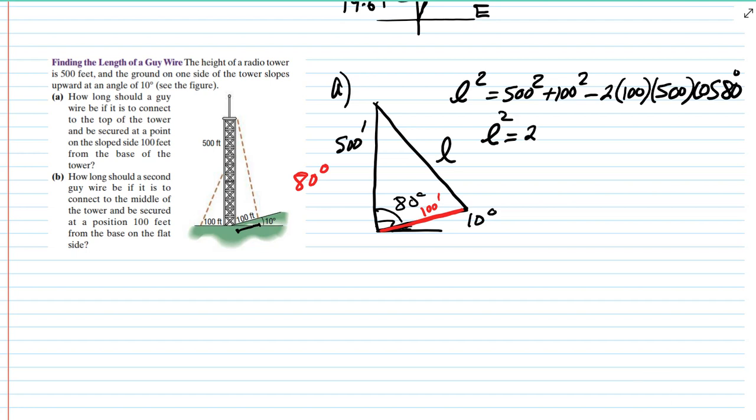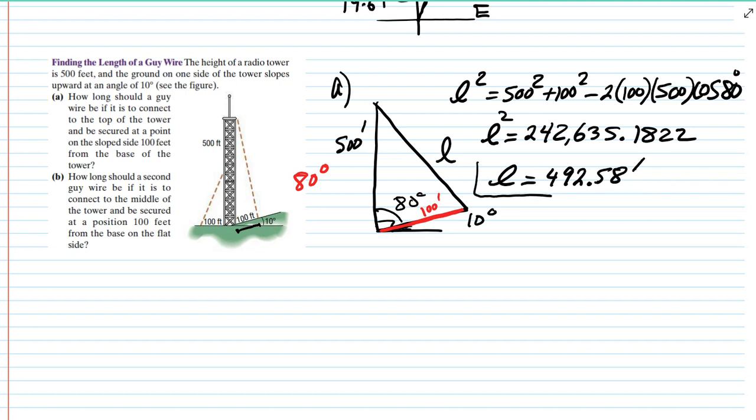L squared turns out to be 242,635.1822. So L would be the square root of this number, which is 492.58 feet. That's the length of the wire necessary for that portion.